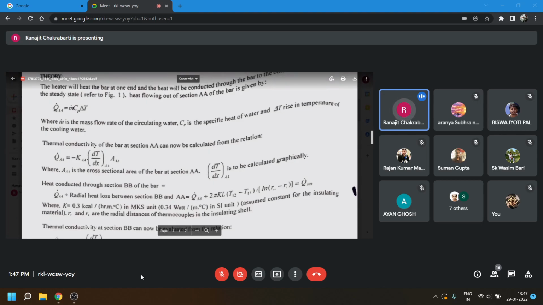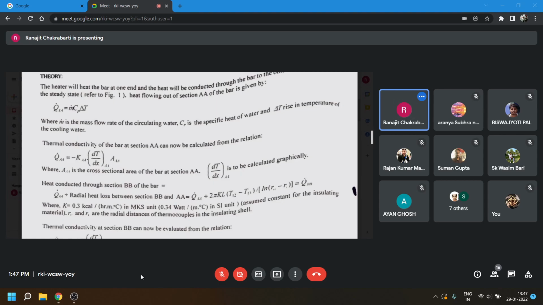Temperature gain of the water, that is T14 to T15 in the thermocouple reading in under steady state, that we have recorded. So m dot Cp dt, from this we find out Q dot A. We put it here. A is known, from the rod area, the cross section is known to us. dt dx is available from the curve, temperature versus x curve.